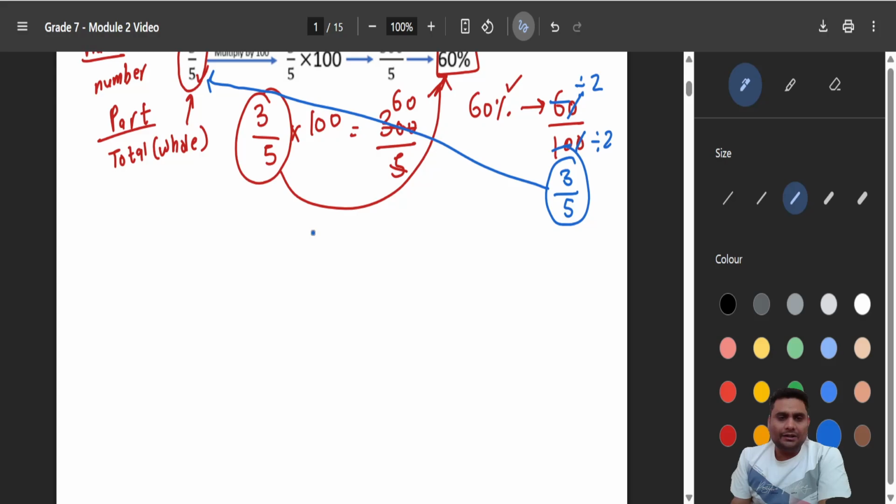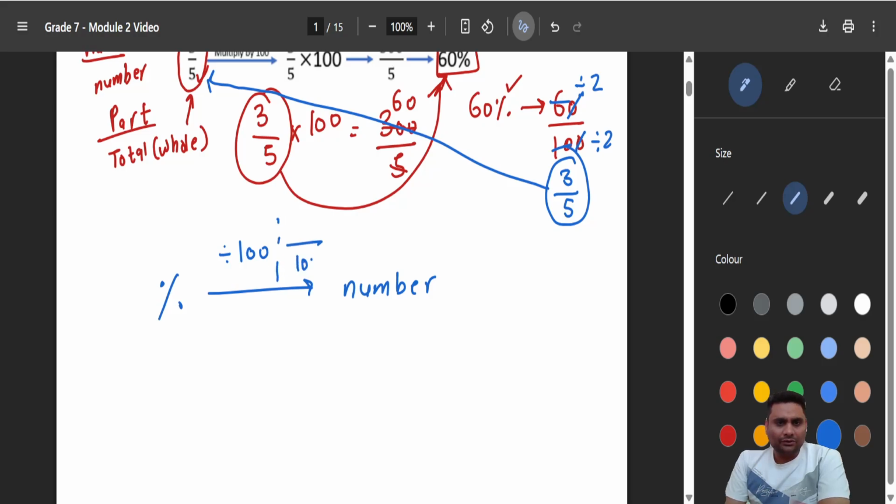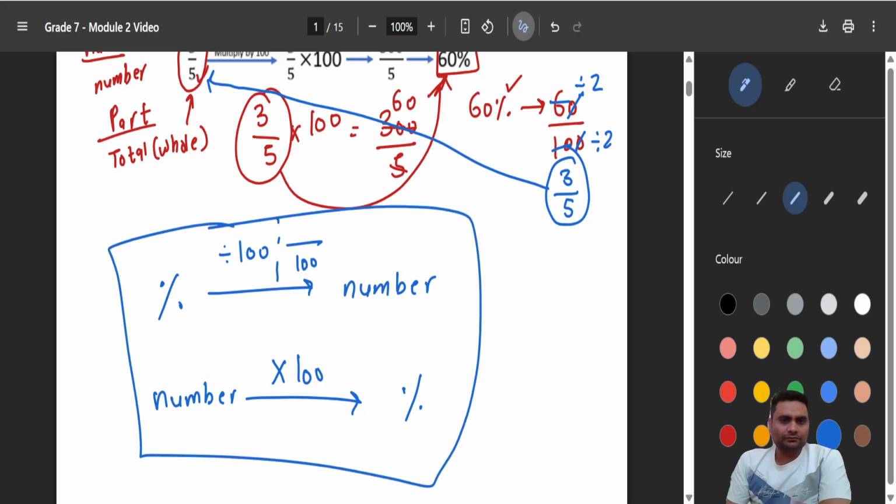If I am going from percent to a number, I will divide by 100, because percent means divide by 100. But if you are changing a number into percent, then you have to multiply by 100. Please remember these things.